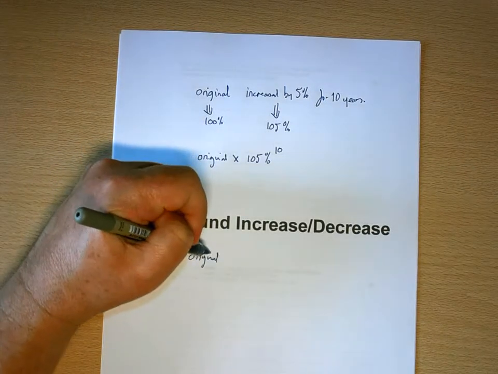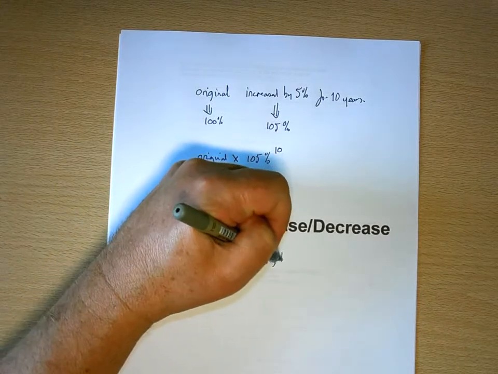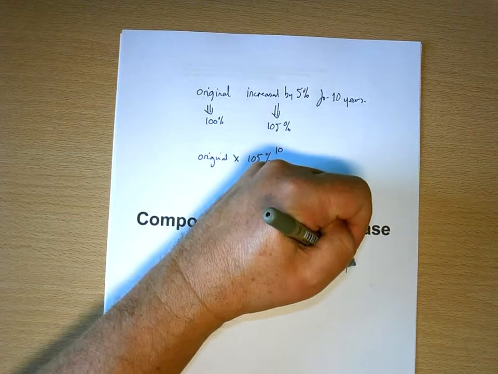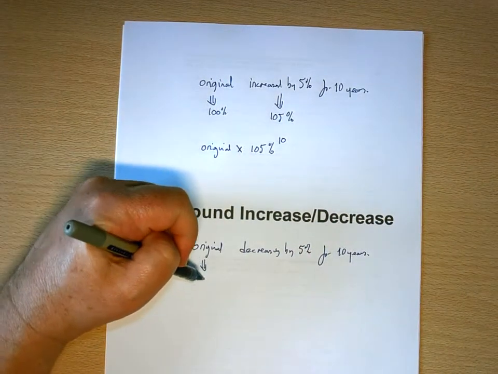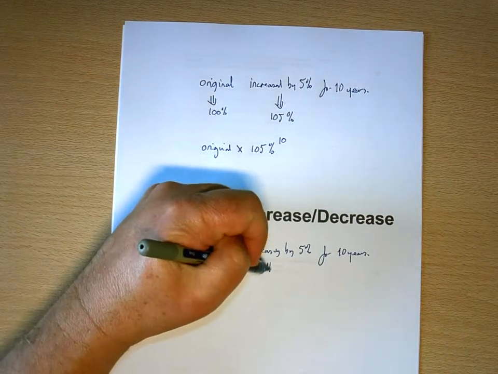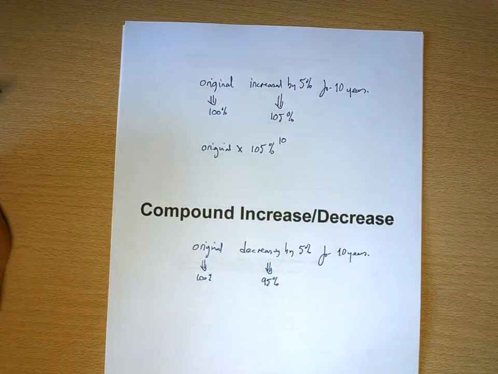And it's the same thing if it was a decrease. So let's say we're decreasing by 5% for 10 years. The original we'd consider to be the 100%. So a decrease of 5% means what you're working with is 95% of the original.